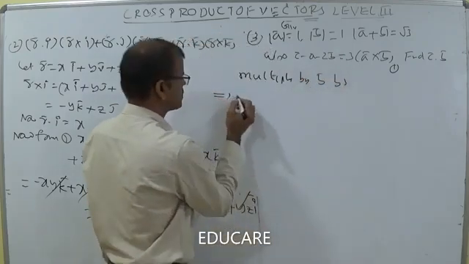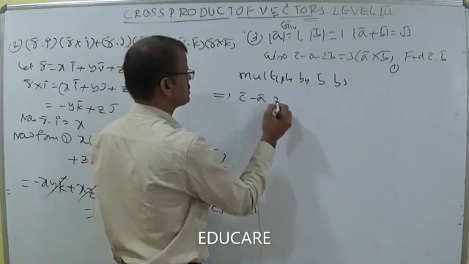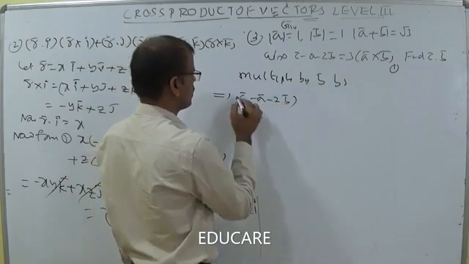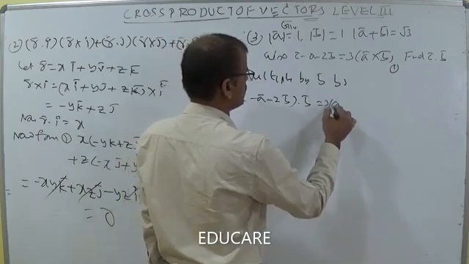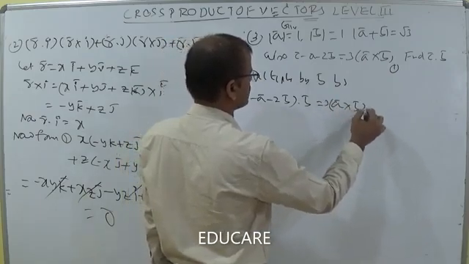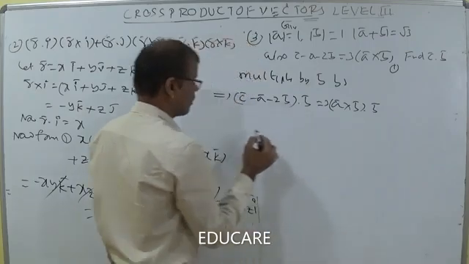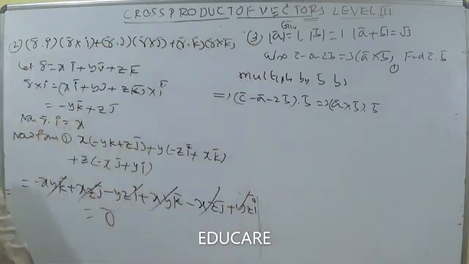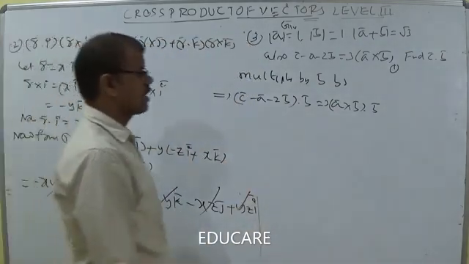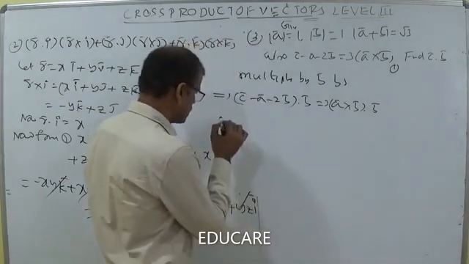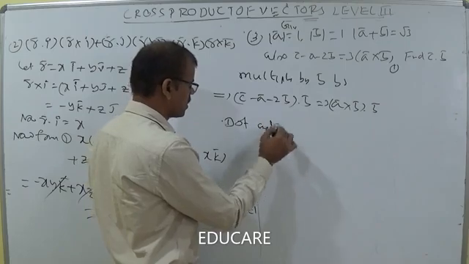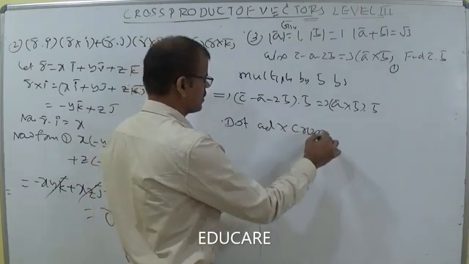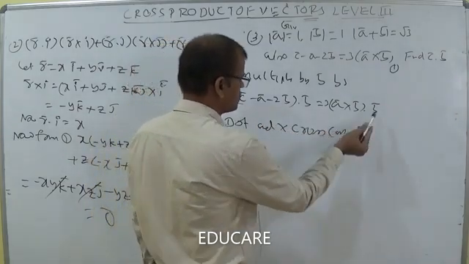That implies c bar minus a bar minus 2b bar dot b bar is equal to 3 into a bar cross b bar dot b bar. Now, according to the scalar triple product of vectors, dot and cross can be interchanged.